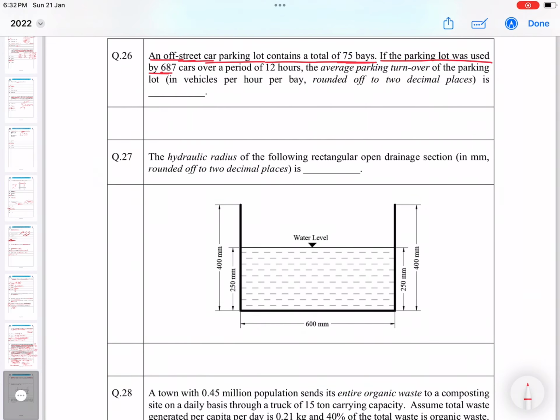If the parking lot was used by 687 cars over a period of 12 hours, the average parking turnover of the parking lot is. It's very simple, you don't need to remember any formula, you can solve it with simple mathematics.